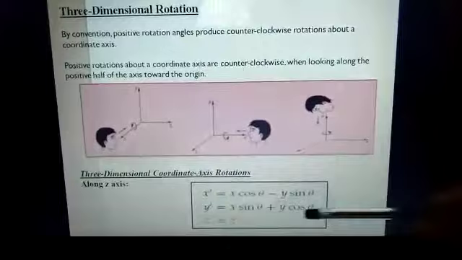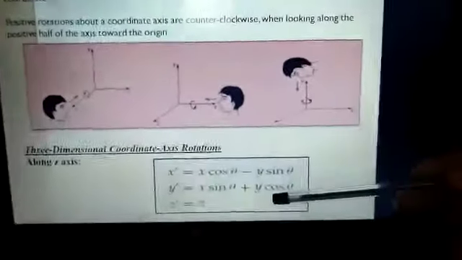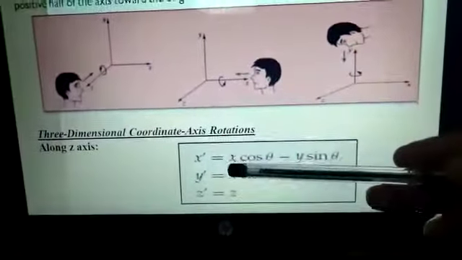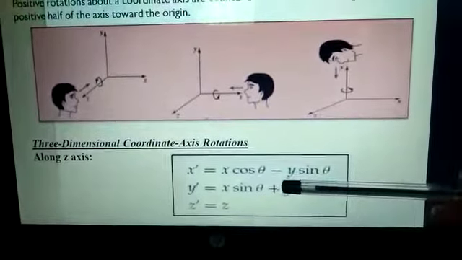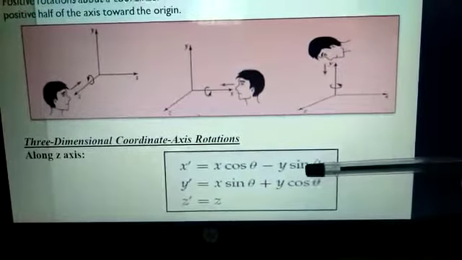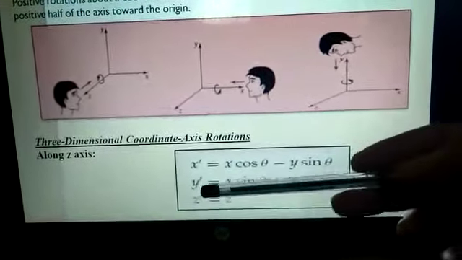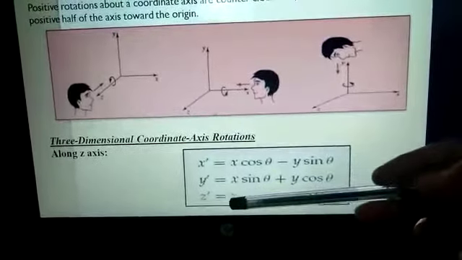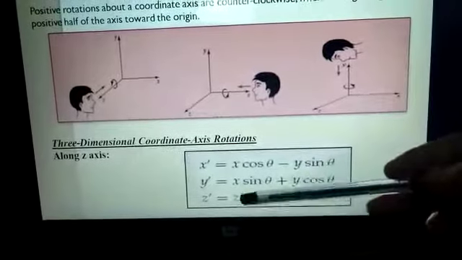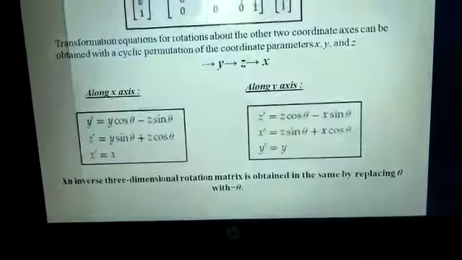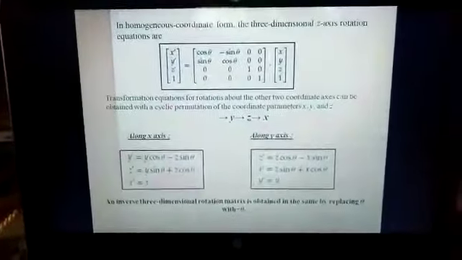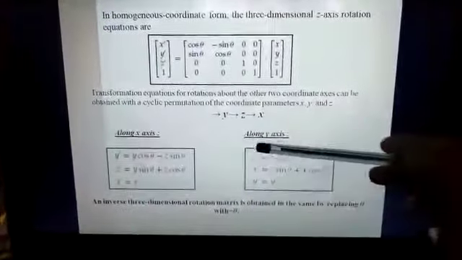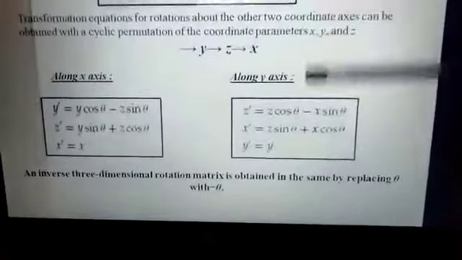Thus we can give the formula along the z axis: x dash is equal to x cos theta minus y sin theta, y dash is equal to x sin theta plus y cos theta, and z dash is equal to z because it is with respect to the same axis. Similarly, we can proceed along the x-axis and y-axis as shown in the slide.